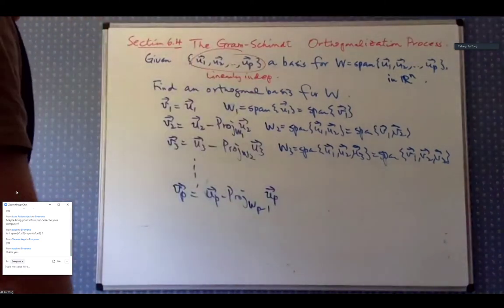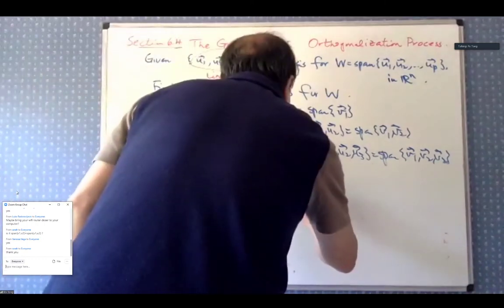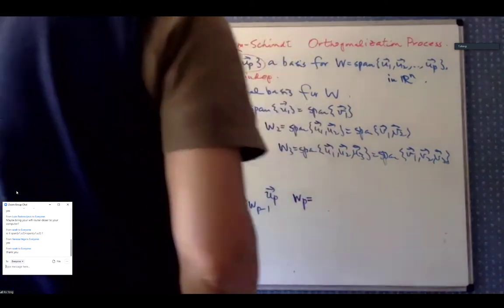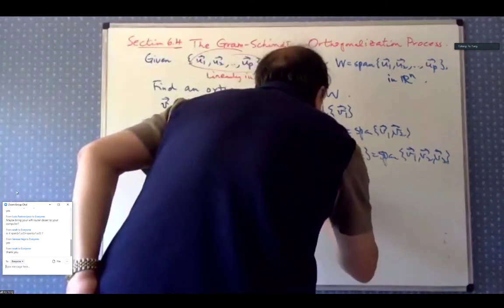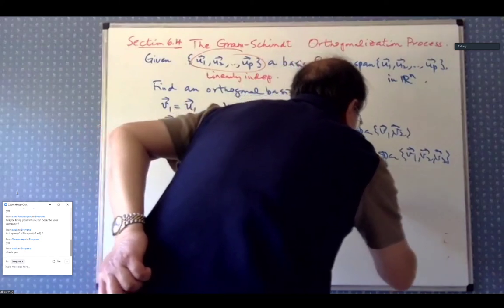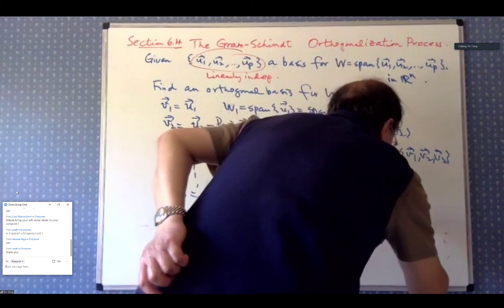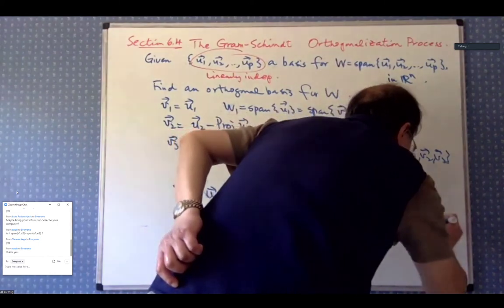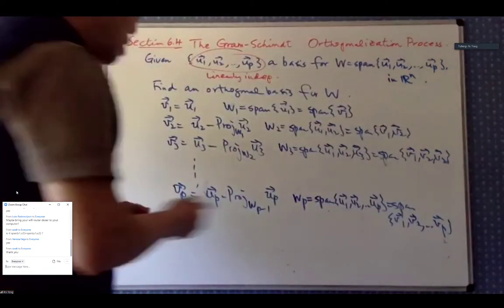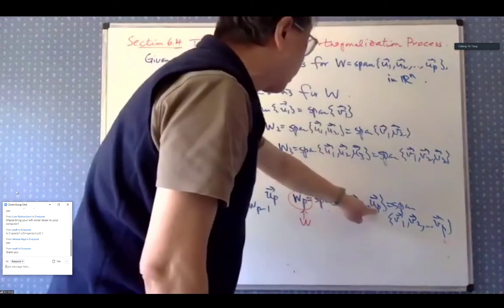So at this point, WP will be equal to the span of U1, U2 to UP, which is the same as the span of V1, V2 up to VP. And now the WP is in fact the same as W now, because it's spanning all this, using up all the P vectors.